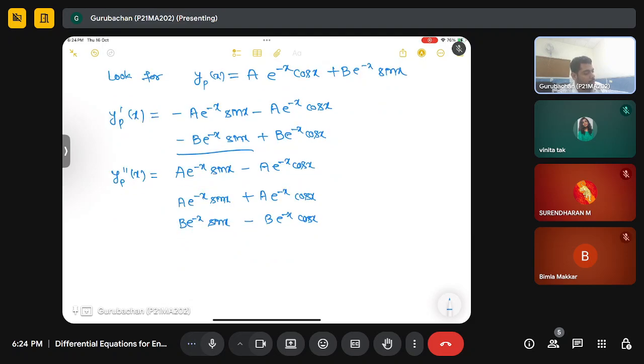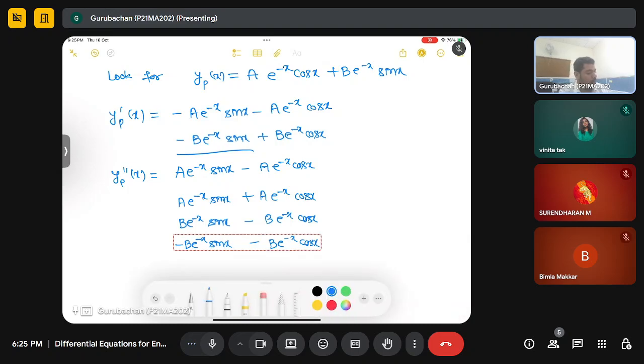The last term's differentiation will be minus b e to the power minus x sin x and minus b e to the power minus x cos x. So this is the derivative yp double dash and yp dash.